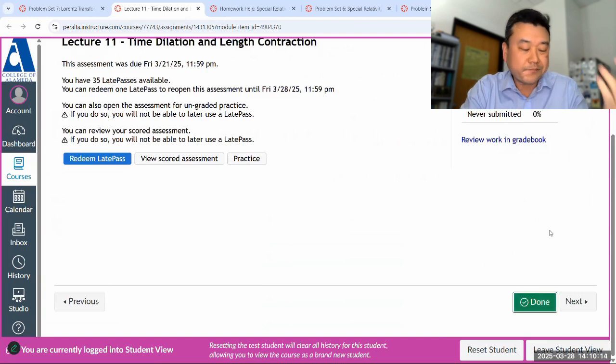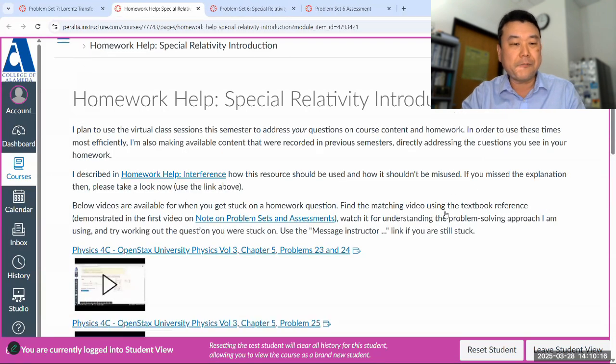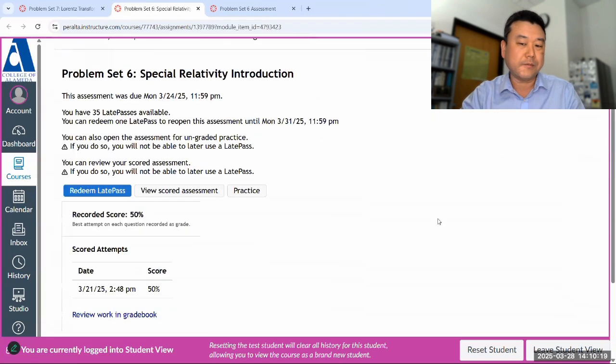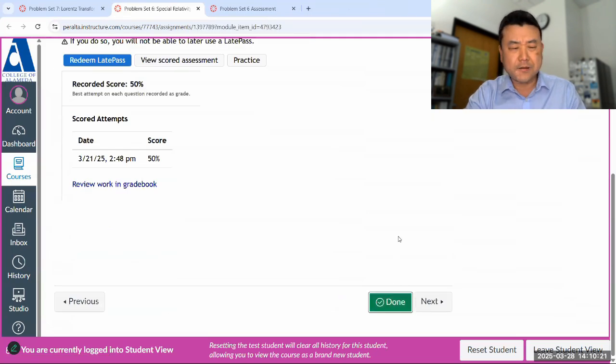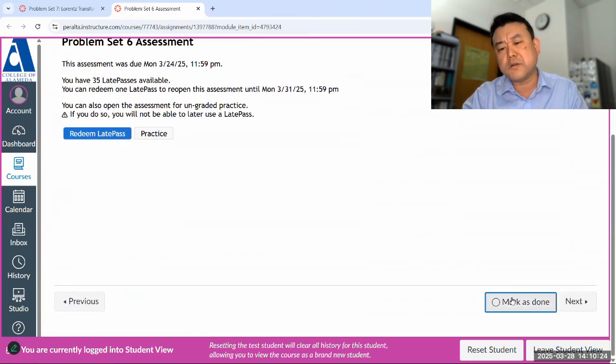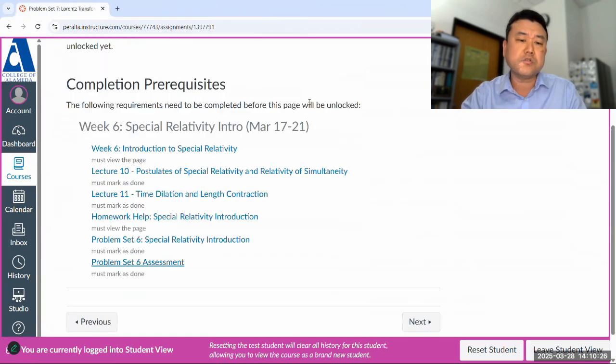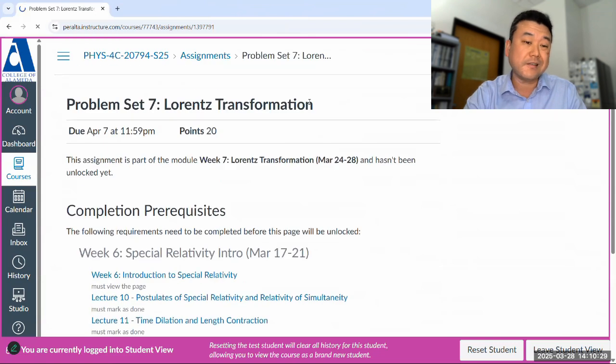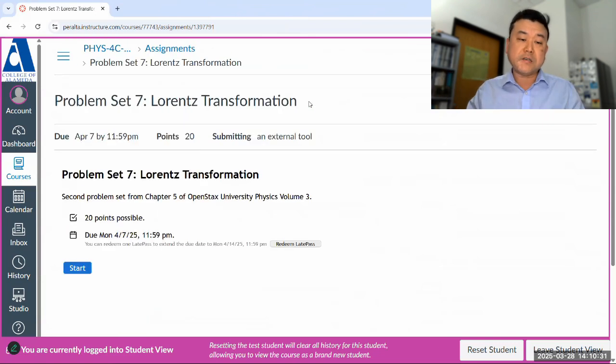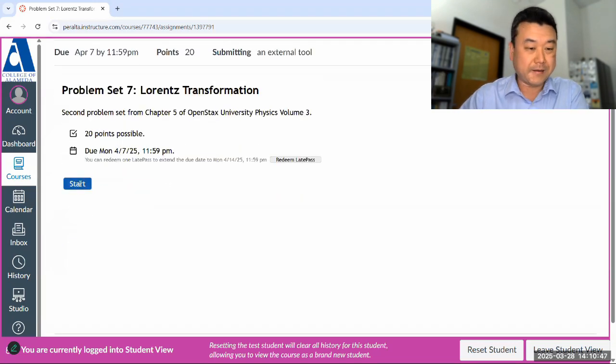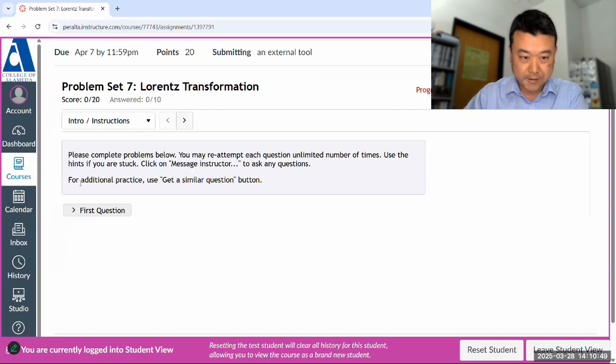One complaint is probably too big of a word, but one thing I'm not quite satisfied with in most lower division physics textbooks is that it takes a textbook specifically written with modern physics in mind to have questions that properly exercise your knowledge of modern physics topics. But in any case, Lorentz transformation is still a fuller set of topics, so I think there's going to be more interesting things to look at here.